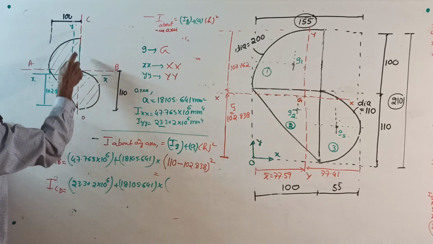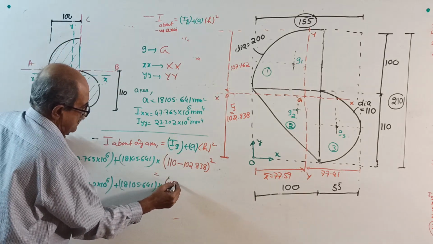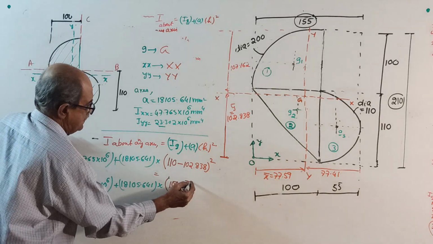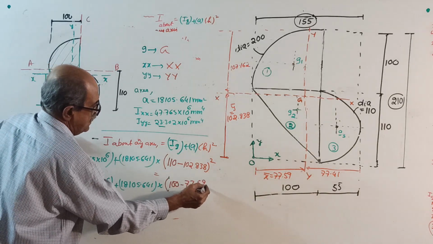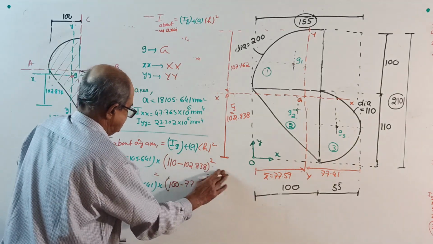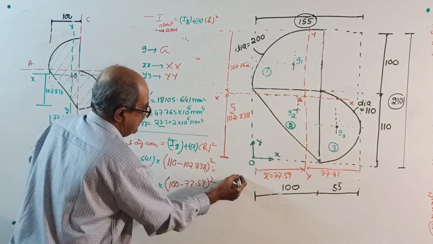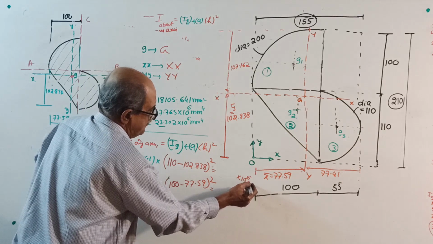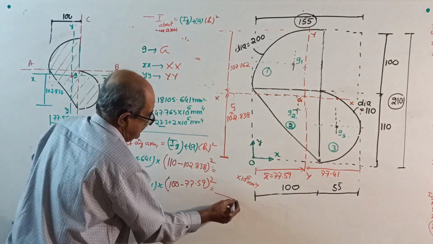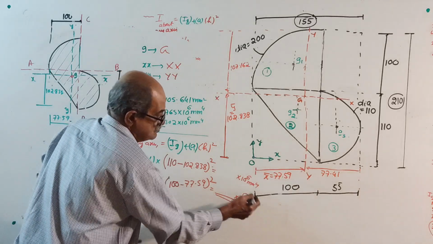This distance square is 100 minus 77.59 whole square. I will get the answer here. Write the answer in 10 to the power 6 millimeter power 4. Here also write in 10 to the power 6 millimeter power 4.